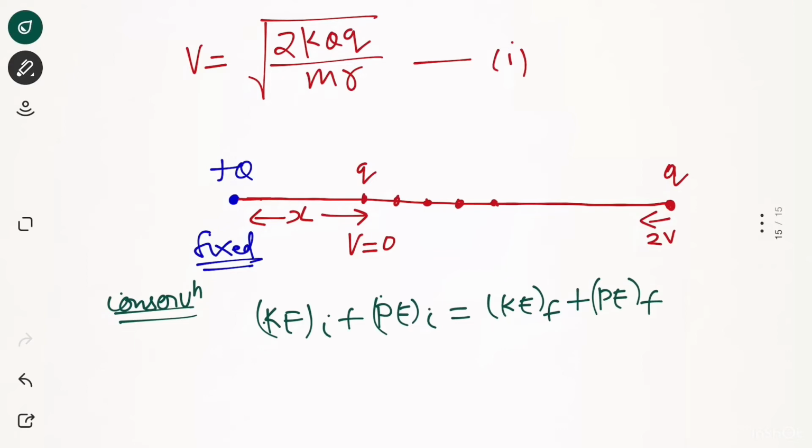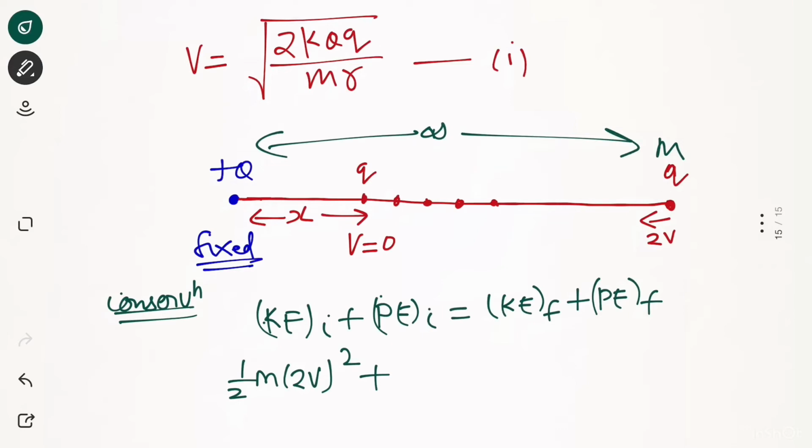So kinetic energy initially: the mass will not be changed because the charged particle is still the same. So we can write half m (2v) square, plus, since the distance was very large, infinitely far initially, the initial potential energy of the system was 0. Finally, the kinetic energy of this particle is 0, and the potential energy of the system will be kQq divided by x.